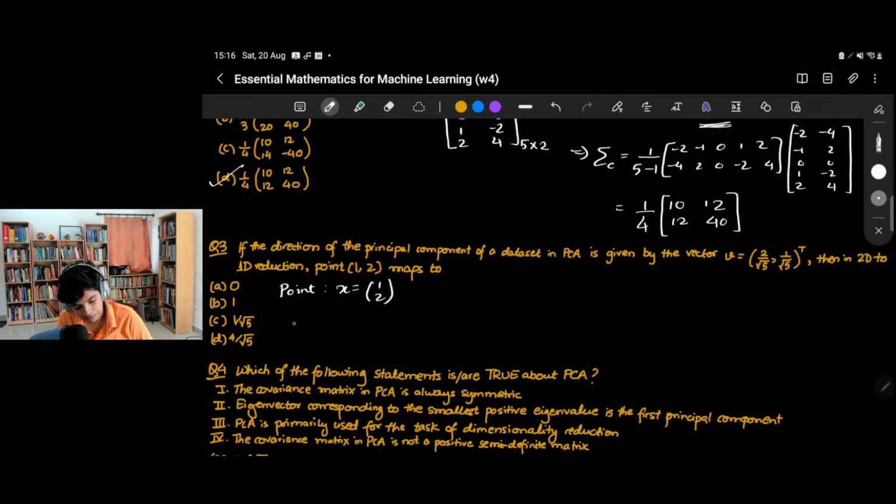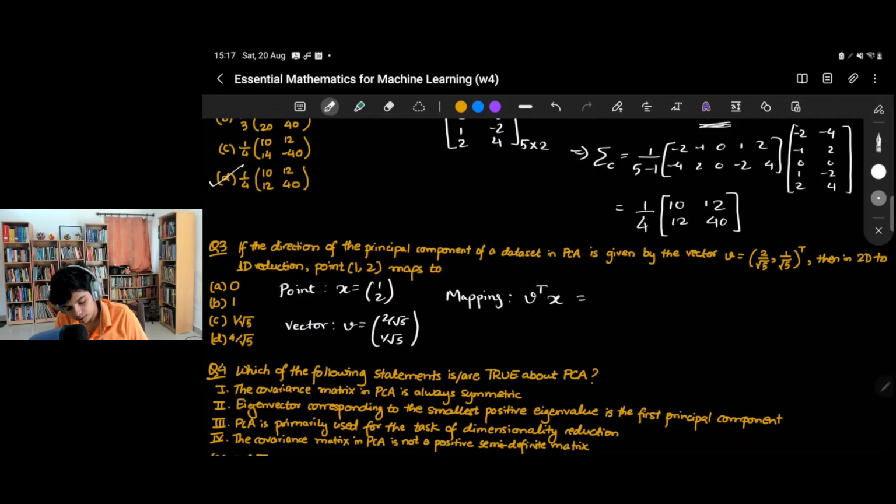And then we are given a vector v. And then we need to find out the mapping of this point along this vector in the PCA. So how is that given? So mapping or projection, you can call it mapping or projection, either one, is simply V transpose times X.